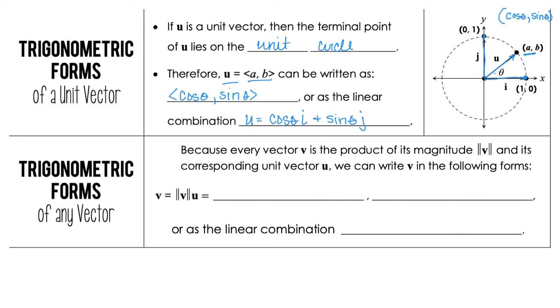Because every vector is the product of the magnitude and its corresponding unit vector, again, we can write some more. Notice what we have. We have the magnitude of V times the unit vector, which is going to be cosine theta comma sine theta.